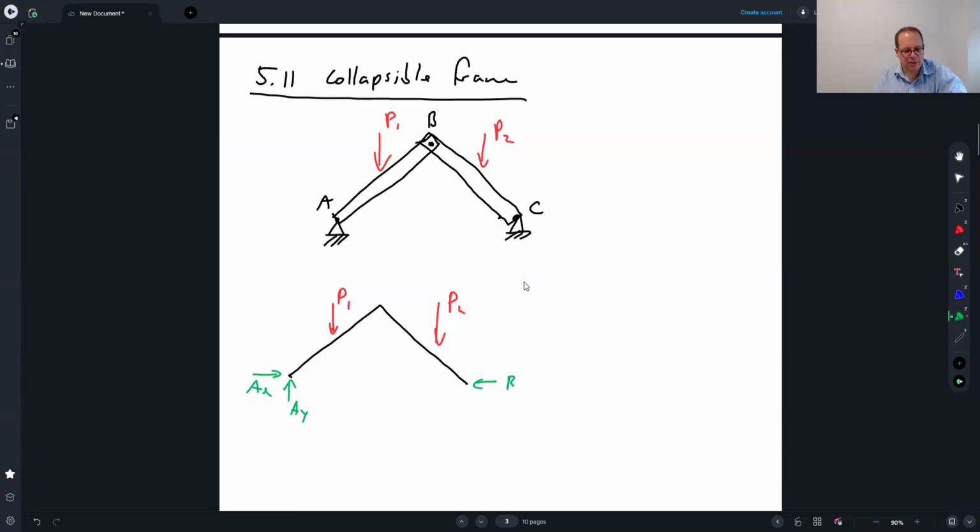Oh, this is not B, this is C. So I'd have a CX and a CY. Now, unlike the non-collapsible one, where we could solve for them, we can't here because we have 3 equations and 4 unknowns. So in this case, even if we just wanted to get the support reactions, we'd still have to go ahead and break this into its components.